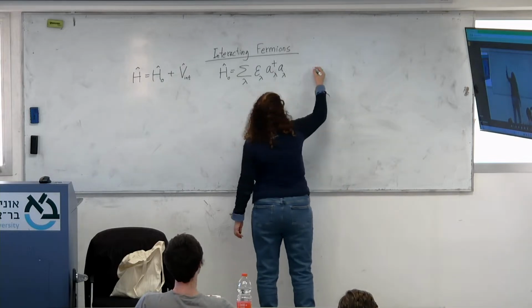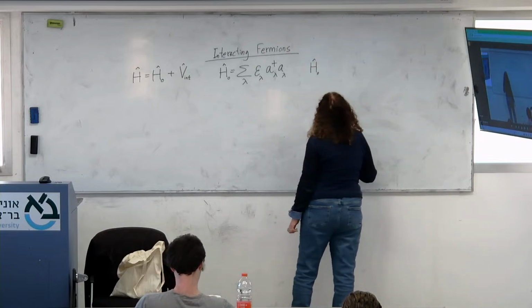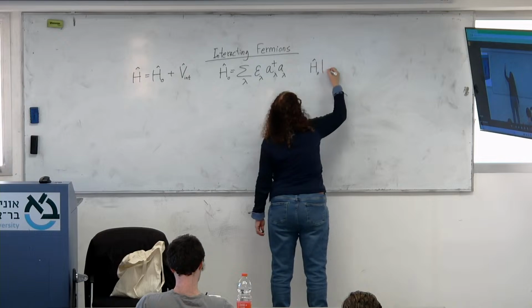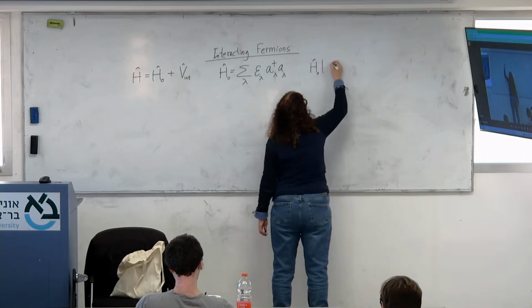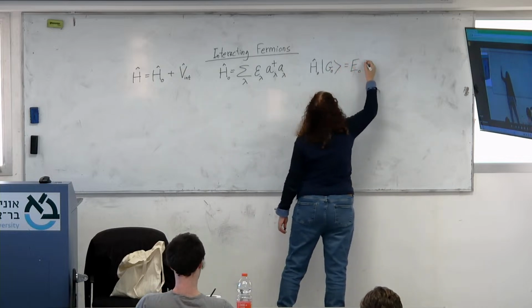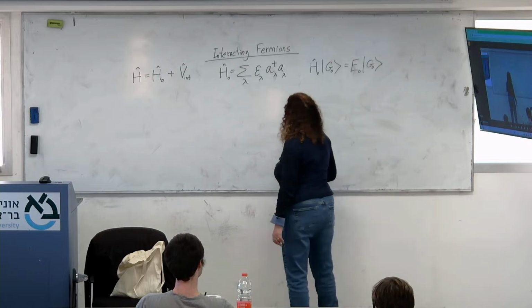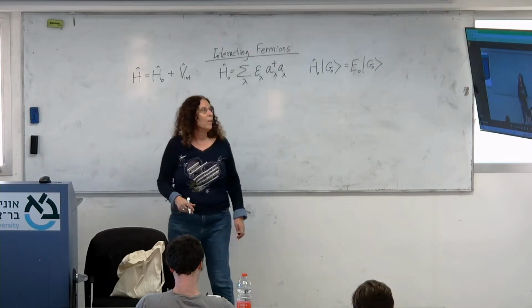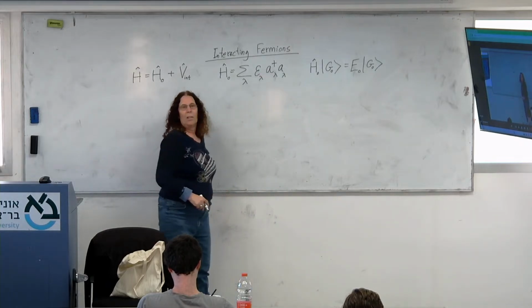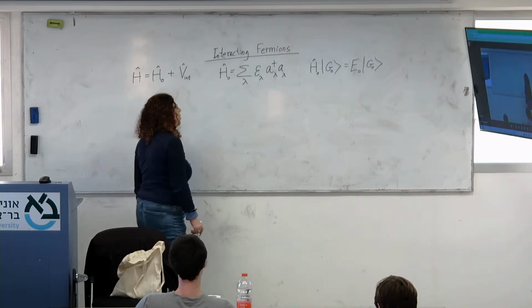And we know that we can easily find the ground state of this. Let me call it G naught. So the ground state of the system of fermions, here A and A dagger describe annihilation and creation operators for fermions.